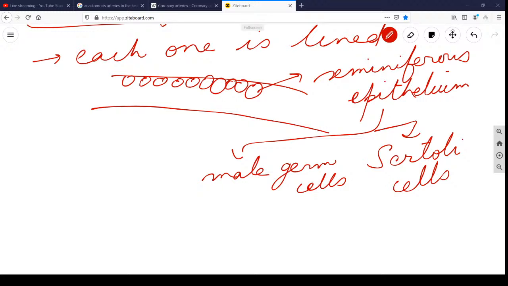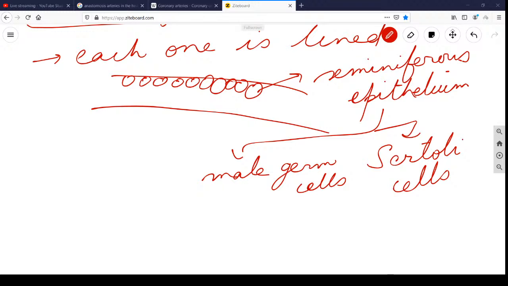Now, if we look at spermatogenesis or spermiogenesis, which we have already talked about, that occurs by the differentiation of type A spermatogonia into type B, and then type B goes through the meiotic division.